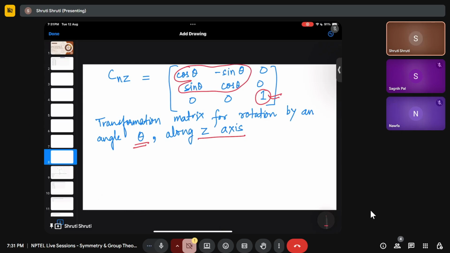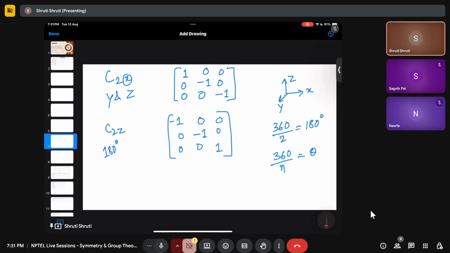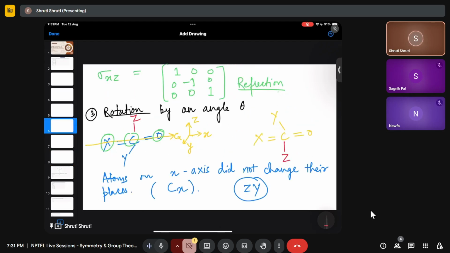Now here it is not simply 1 1, because as I told, if you rotate by 180-degree, there was no mixing. So here when we rotated by 180-degree, mixing did not occur. Y remained y and z remained z. X was anyway constant.